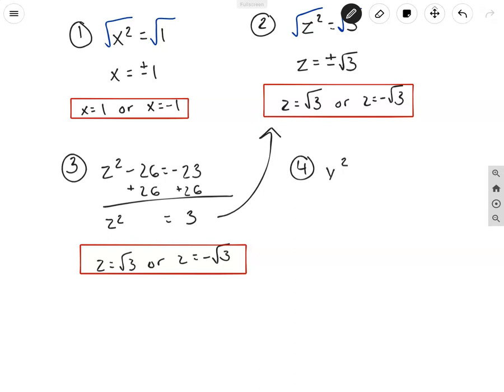In this case, we have y squared plus 35, and that equals 19. So I'm going to go ahead and subtract 35 from both sides. And what you're going to notice is that I'm going to have y squared equal to a negative 16.